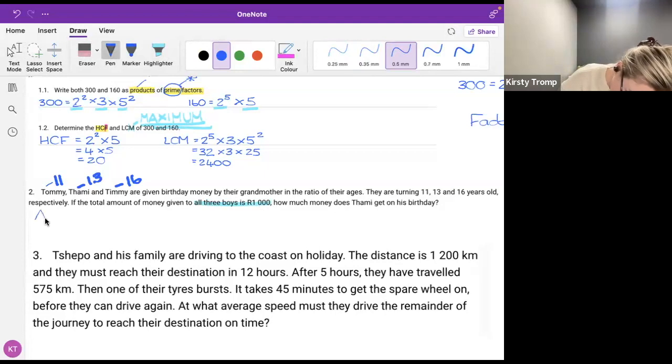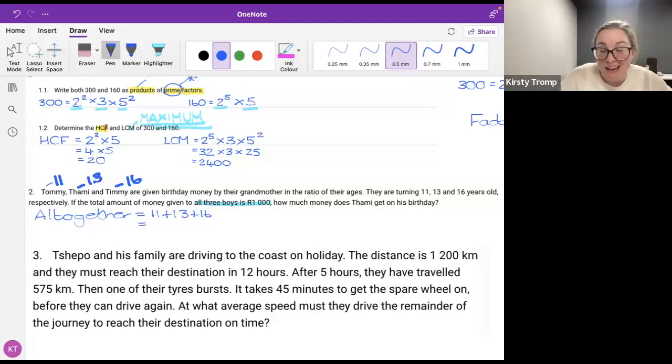So all together, their ages are 11 plus 13 plus 16. Why are we adding their ages all together? Because they gave us the money all together.